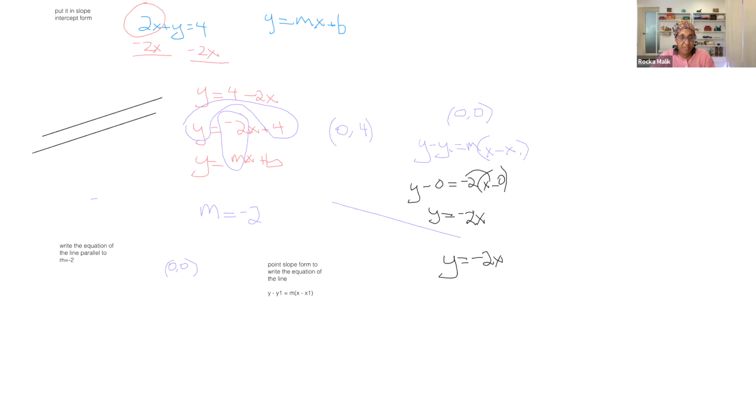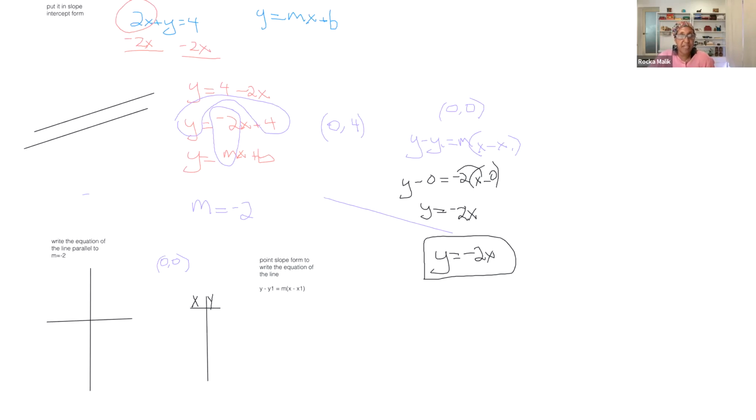If I needed to graph this, I could graph it by picking a table of values. And I just need 2 points to graph. 3 if I want to be extra short.